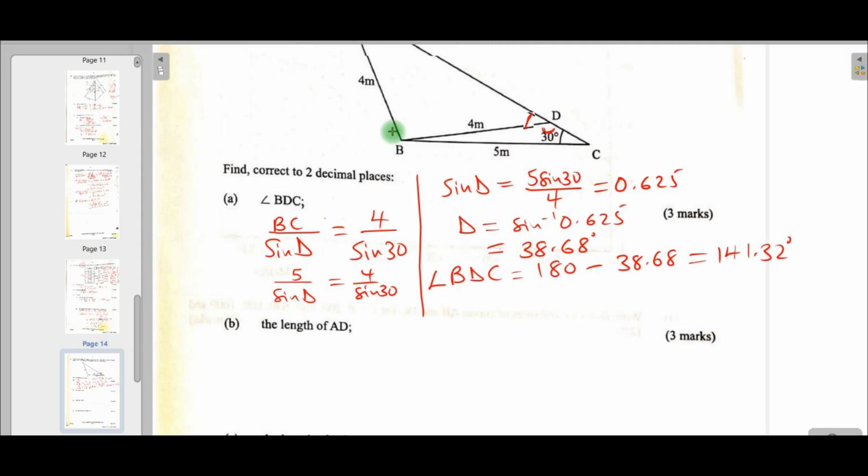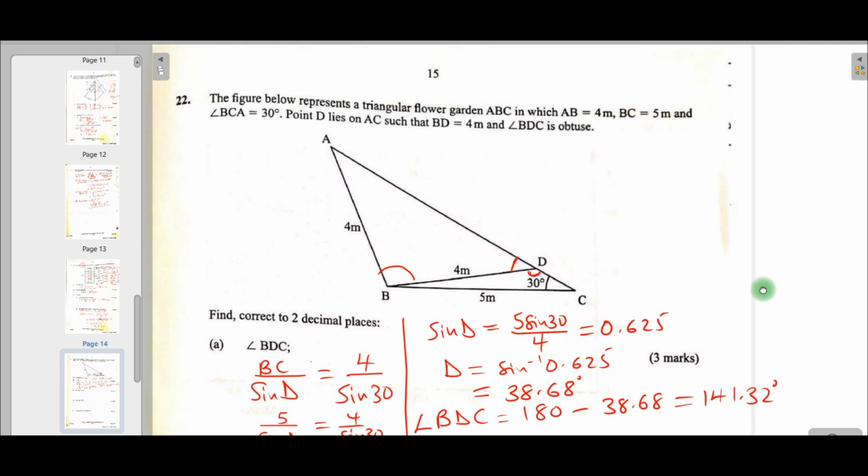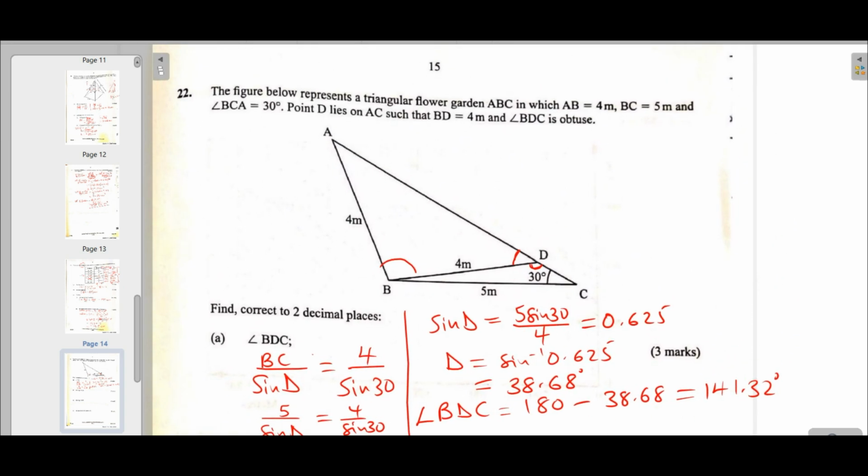We also need to get this angle here. If you consider triangle ABD, these sides are equal, that means it is isosceles.